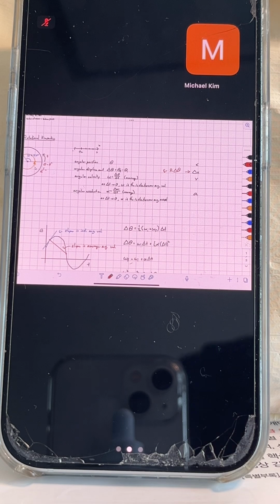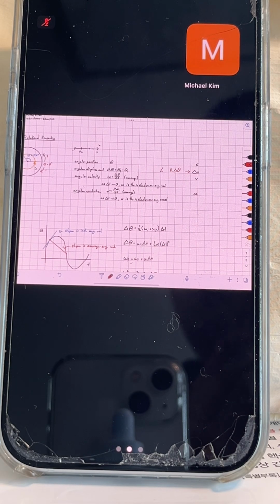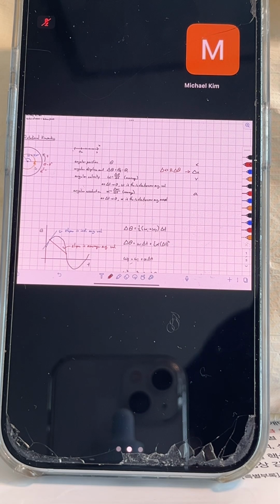And then we have a similar thing here: for my v, this is basically r omega, right? And then similarly for my tangential acceleration, this is r alpha.